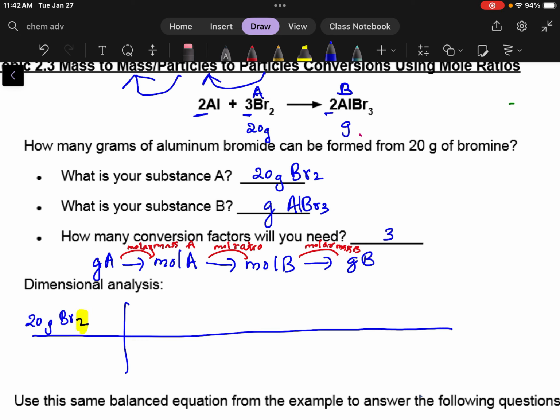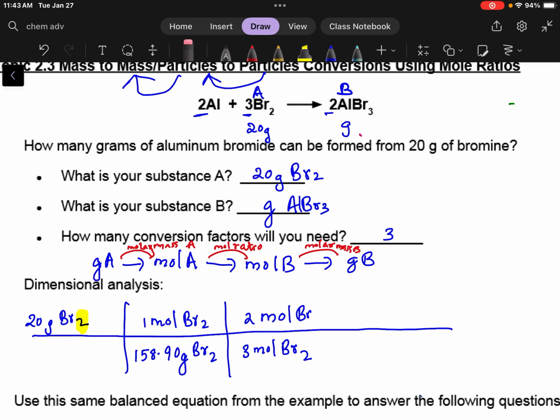So the mass is 158.90 grams of bromine, which is 1 mole of bromine. Then, according to the equation, 3 moles of bromine are there, which is producing 2 moles of aluminum bromide.